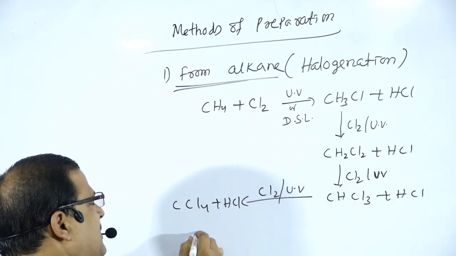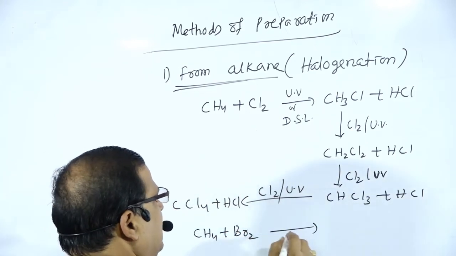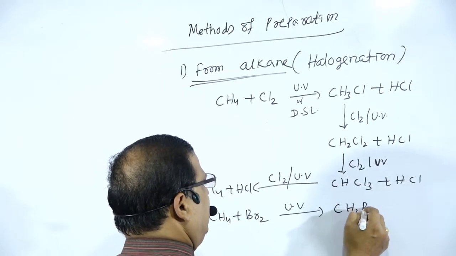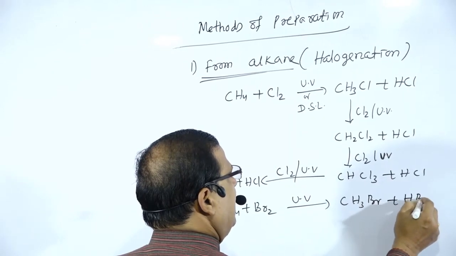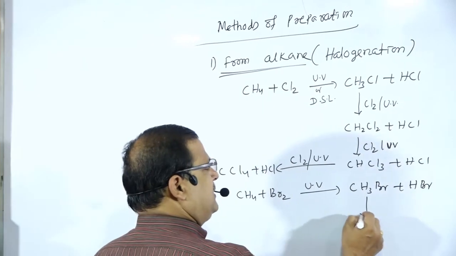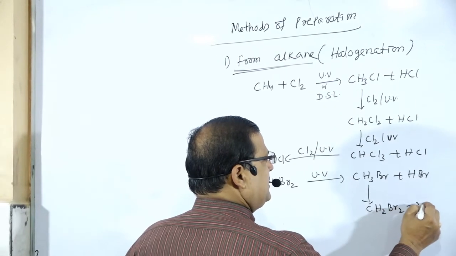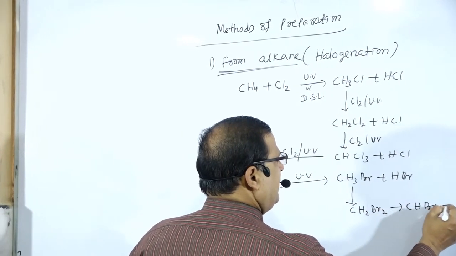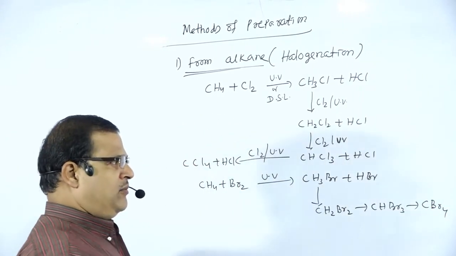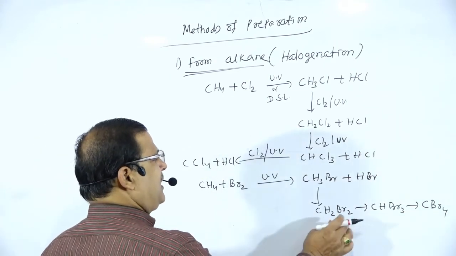Similarly, CH4 plus Br2, in sunlight or UV, gives CH3Br plus HBr. And this reaction continues till the formation of CH2Br2, then CHBr3, and finally CBr4, carbon tetrabromide, or tetrabromomethane.